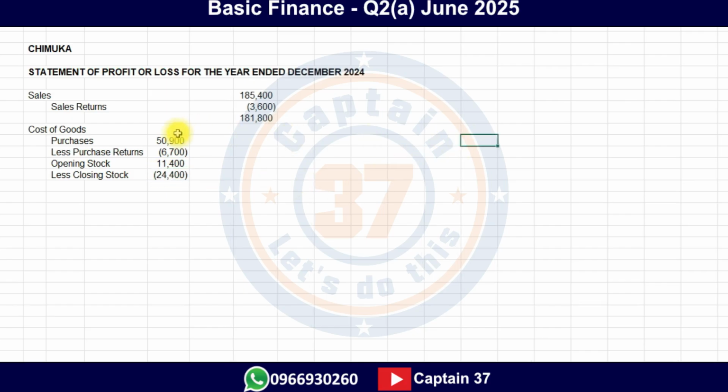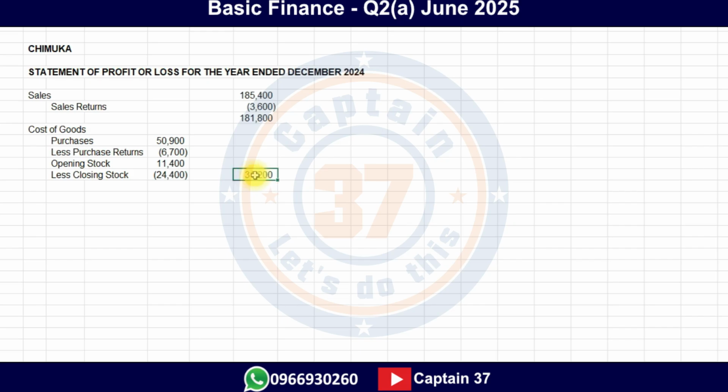So these are what we consider at this particular point. We add all these together, and we'll put the sum right over here. It gives us 31,200.